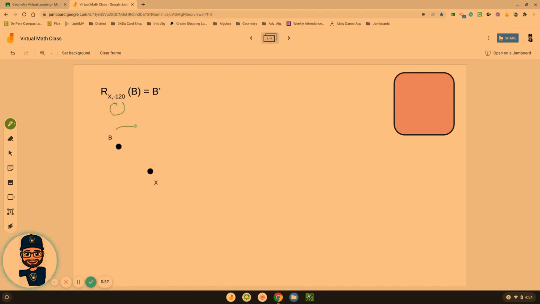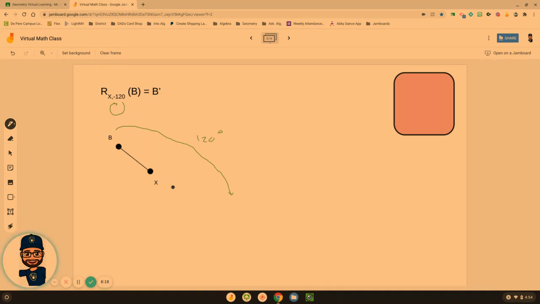So I'm going to move clockwise in some sense this way, 120 degrees to the right. Step one was to create a segment connecting our pre-image and our center point. All right, I have connected it.